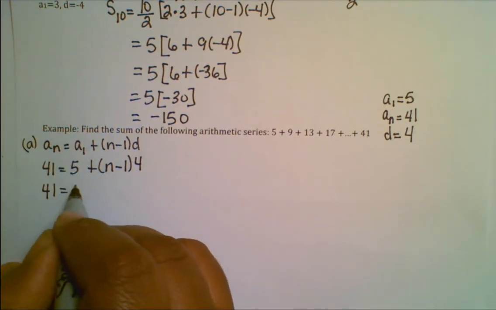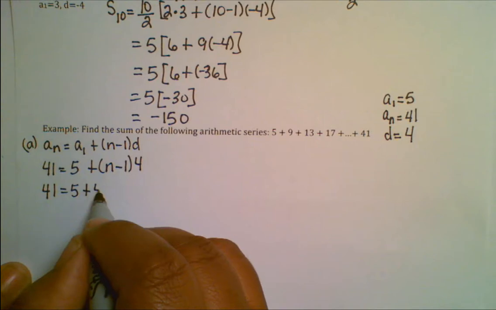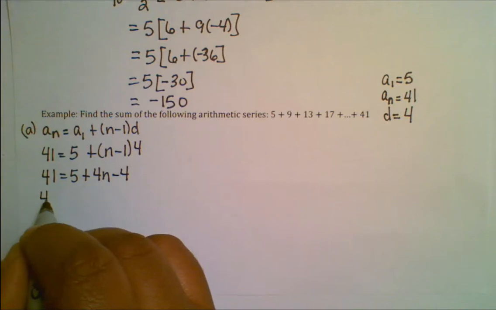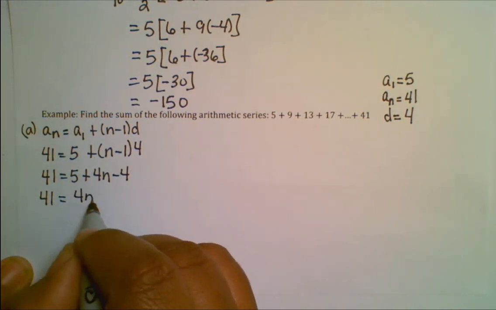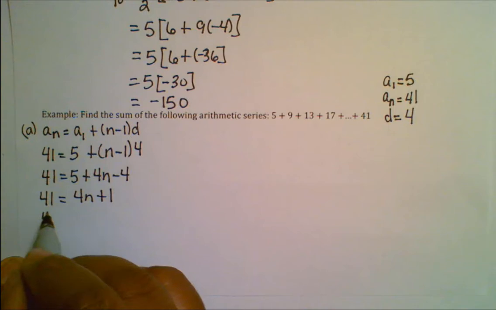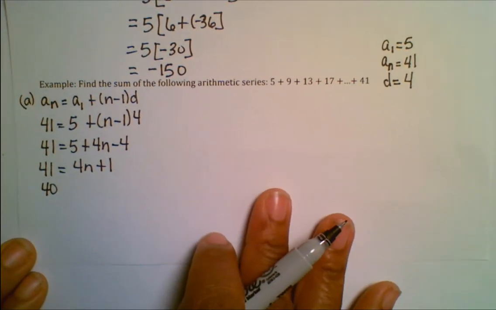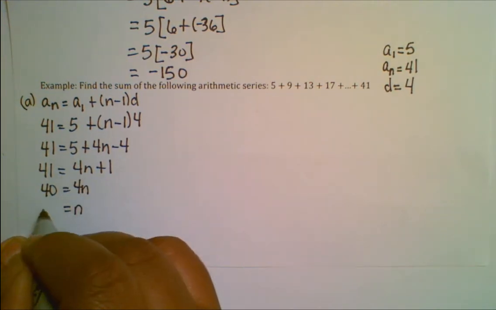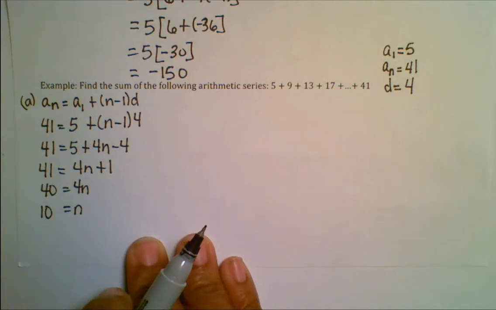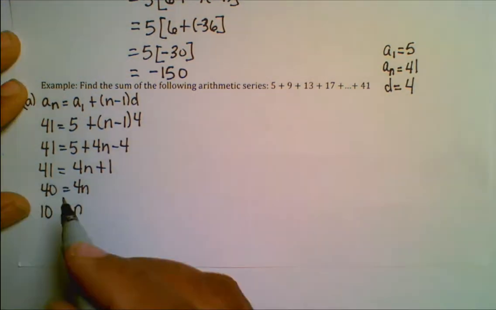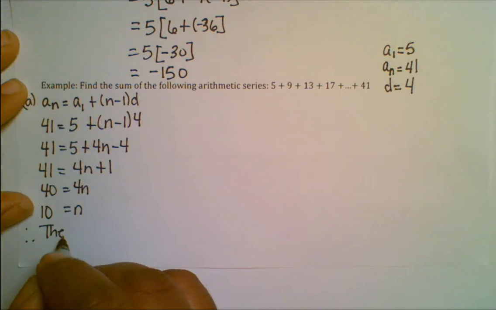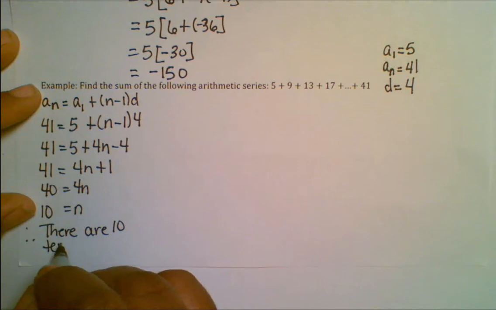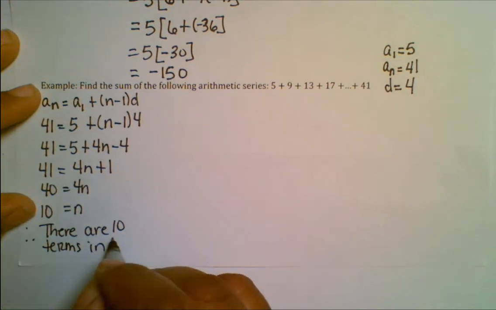We're going to distribute. We have 4n minus 4. We have 41 is equal to 4n plus 1. Subtract 1 from both sides. Then divide by 4. And we have 10. So there are 10 terms in the series.